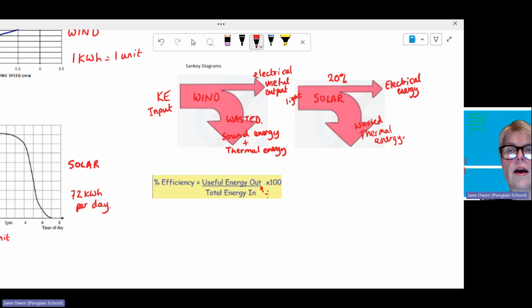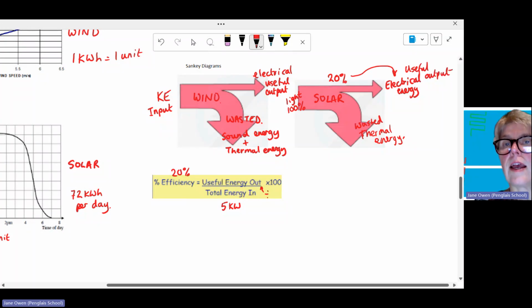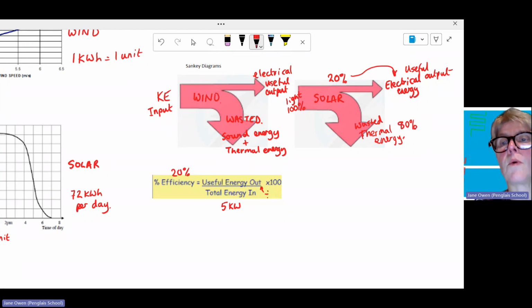So for example, if our efficiency is 20% and our total energy going in is say 5 kilowatts, whatever goes in would be 100%. Our useful output would be the 20%. Then take 20% away from 100%, and that is your 80% that is wasted as thermal energy in the case of a solar cell.